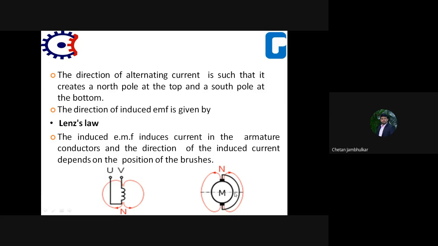Here in the motor, these two are the brushes, and the brushes are short circuited, and this electromagnetic field is also produced from north to south. So here the total induced EMF is generated.